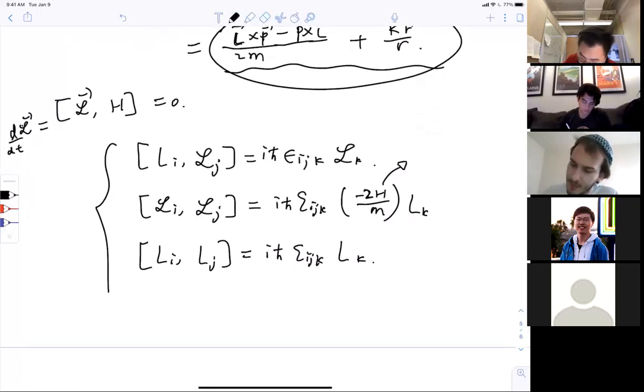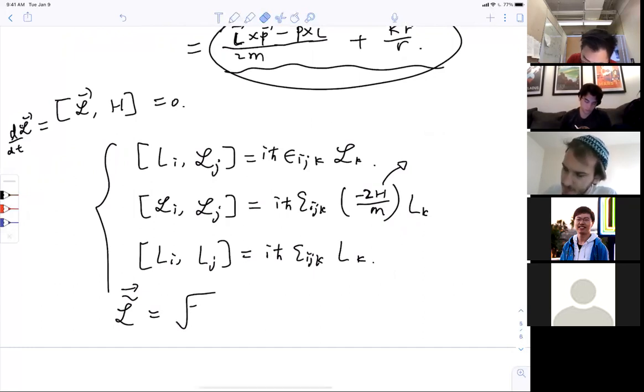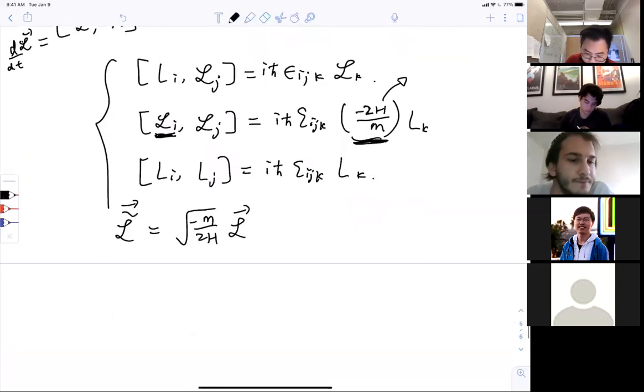And okay, so we can rescale. Let's redefine this kernel L vector as square root of minus m divided by 2H times L. Basically, I'm absorbing this factor into the definition of the kernel L, just to write it in a more elegant way.